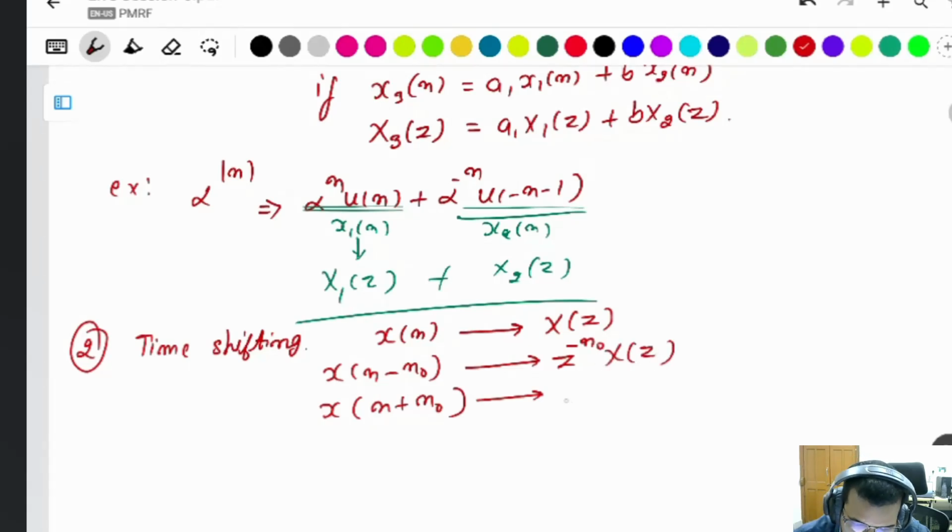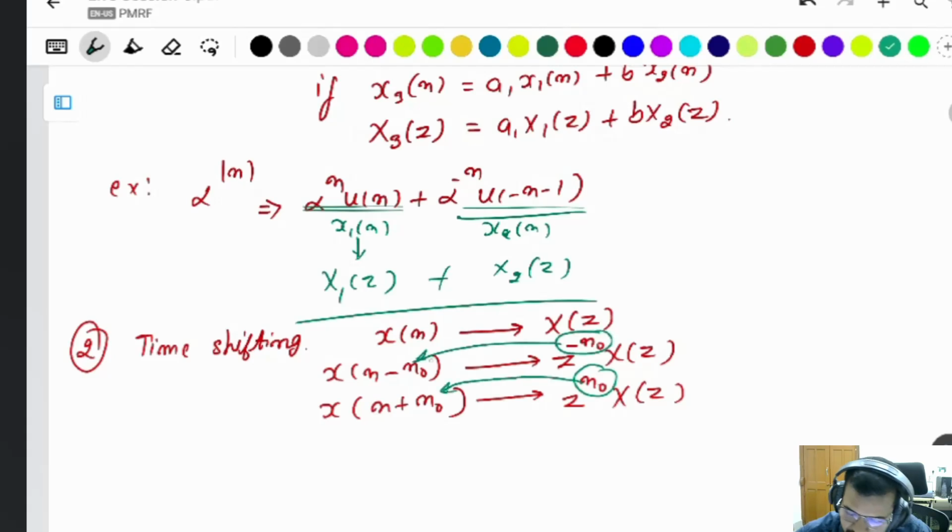In this case z to the power of something, this will be the same value. You have to apply the power of z and simply find the z transform.